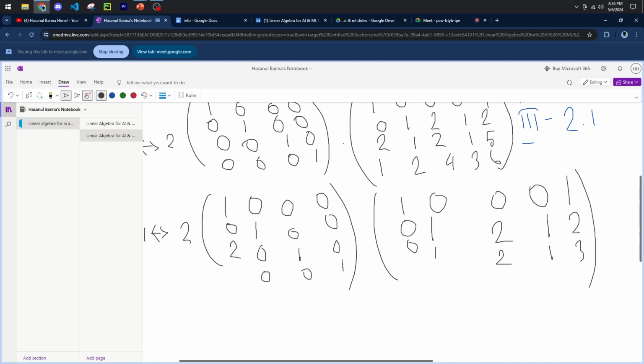And for the final row, we will multiply our first row by 1 and subtract it from our fourth row.